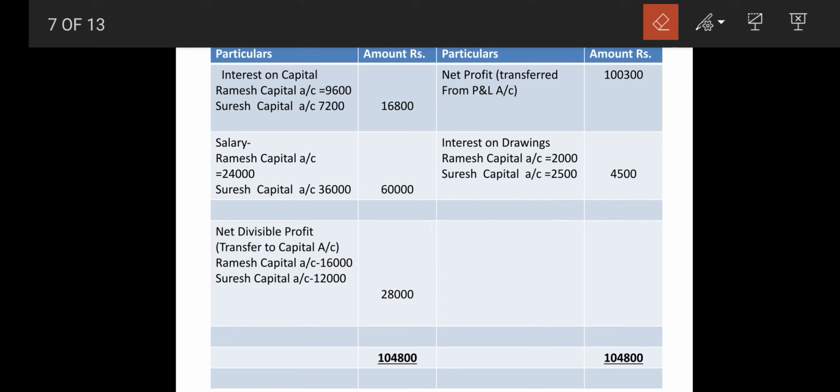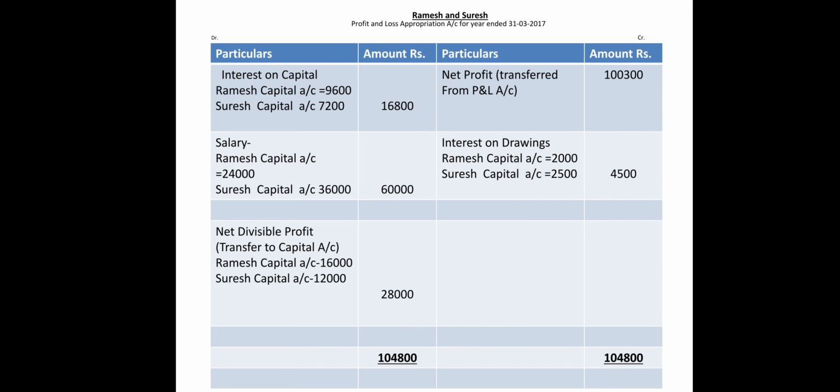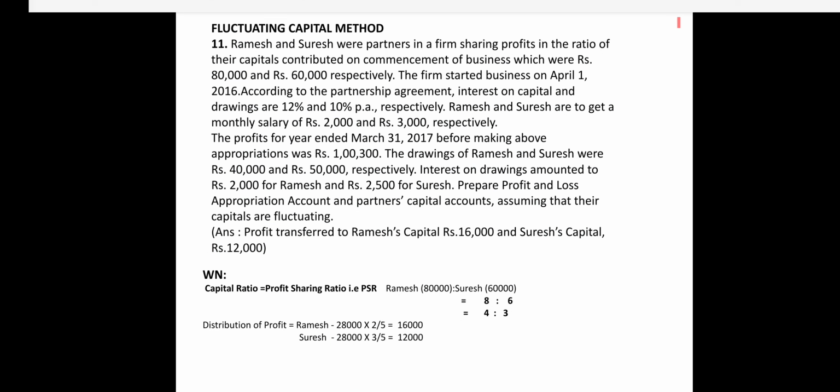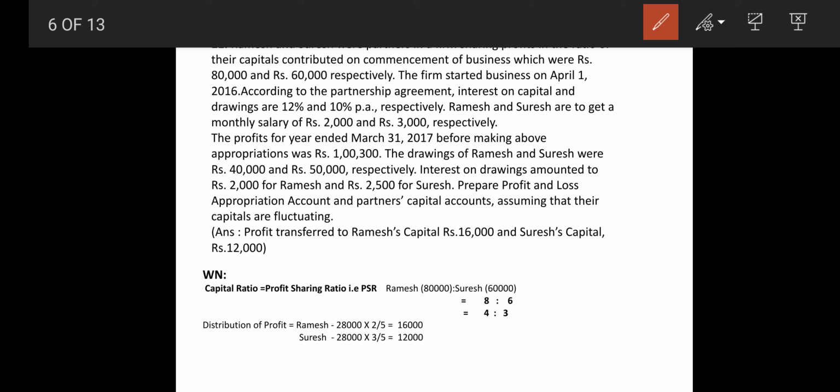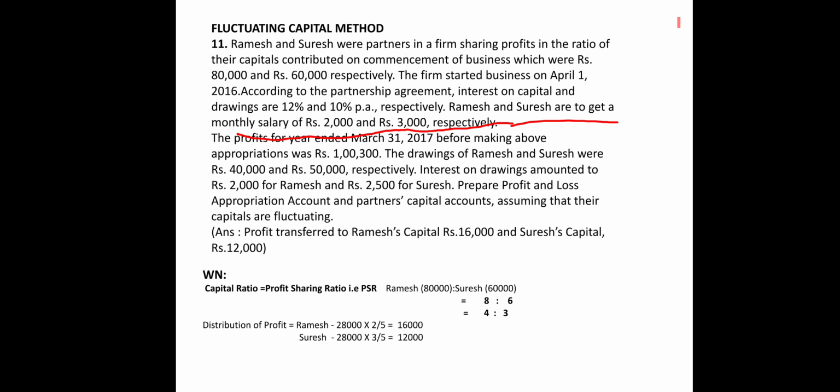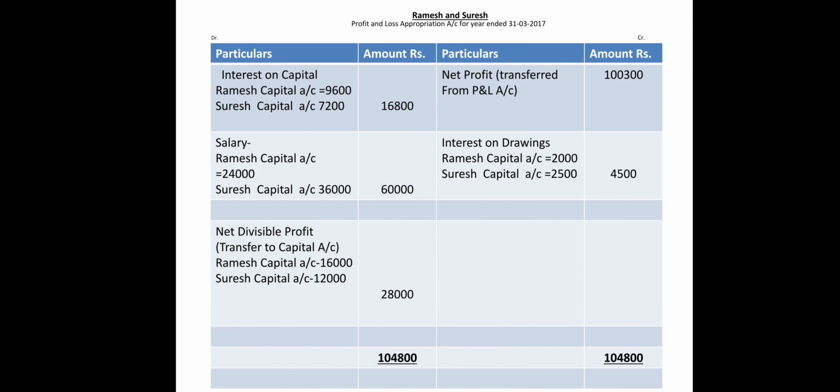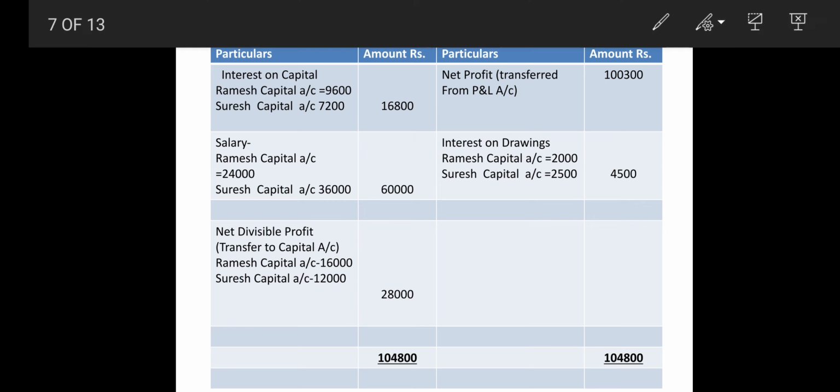Now further, the profit we had already transferred. Ramesh and Suresh are to get a monthly salary of 2,000 and 3,000 respectively. So both are going to get the salary, and we are going to transfer the salary to the respective P&L appropriation account and partners' capital account.